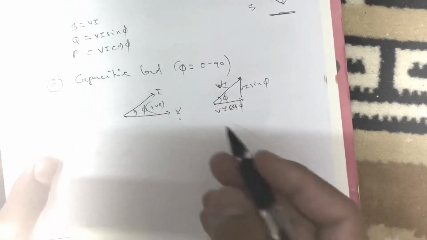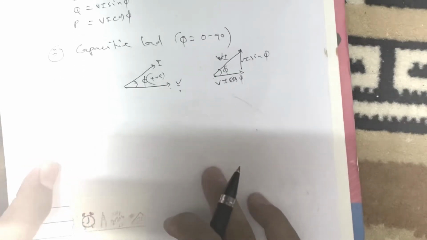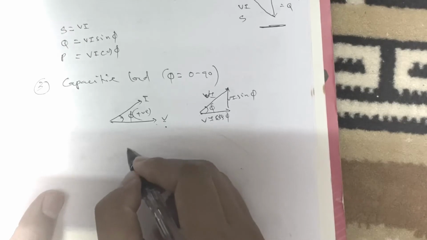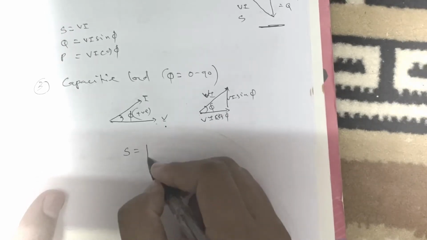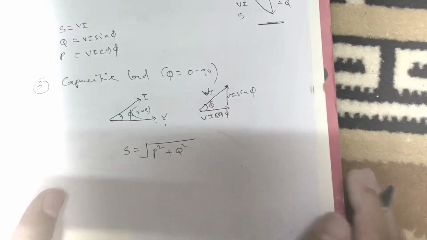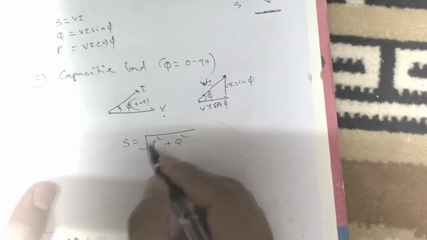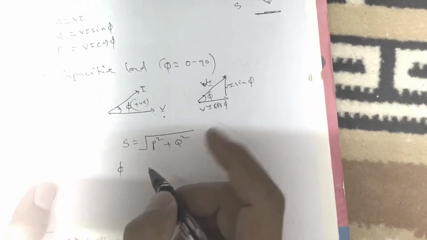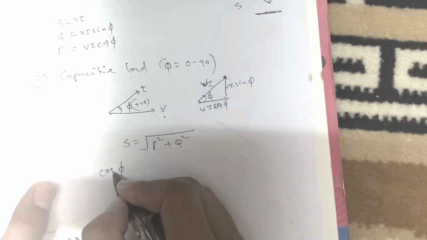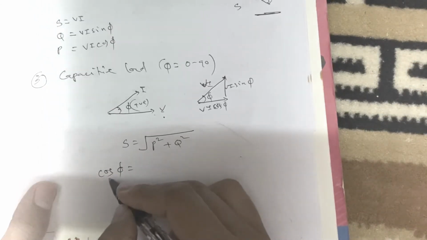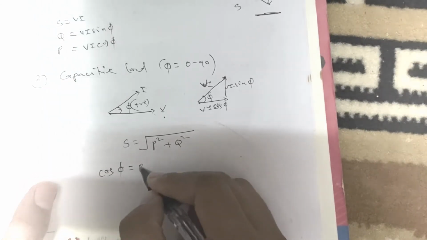So from that power triangle, you will be able to derive S, the apparent power, which is given by the root of P square plus Q square. And then similarly, if you're trying to find phi, in the true power, you will know what is meant by cos phi. This is called the apparent power. This is called the power factor.